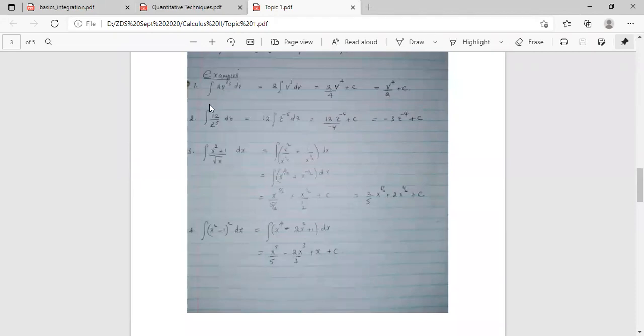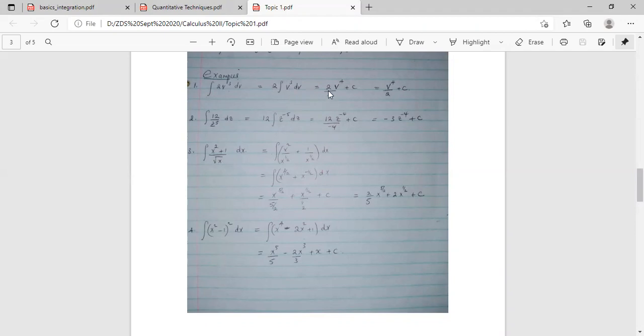I've said we are integrating 2v cubed dv, right? I take my 2 outside the integral sign, so I'm left with v cubed. If I integrate v cubed, I add 1 to the power, so I get v raised to 4. Then I divide by the new power, then I bring my 2 back.